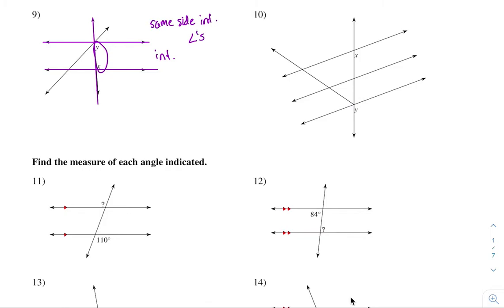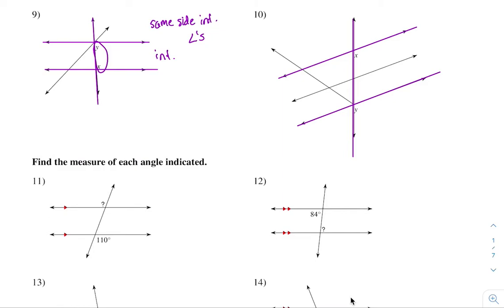And lastly, number 10, this line is parallel. I'm going to do it to this one, and I'm going to use this transversal. Okay, now let's take a look. So only look at the purple.